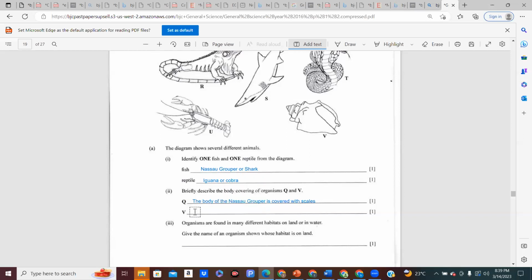And the body of V, which is a conch, has a hard exoskeleton shell made from calcium carbonate. Okay.